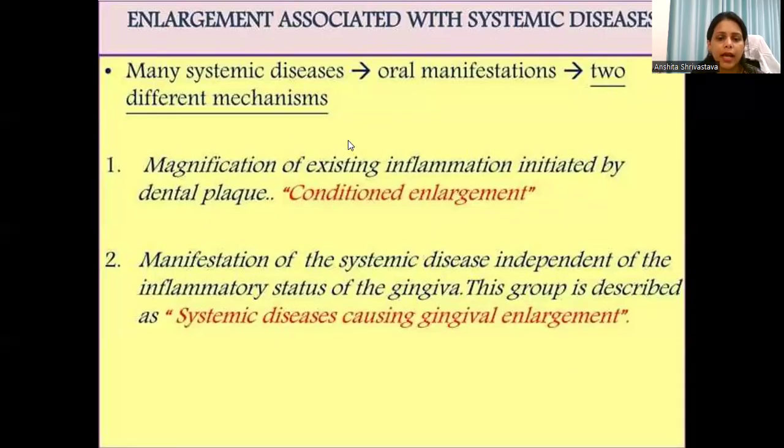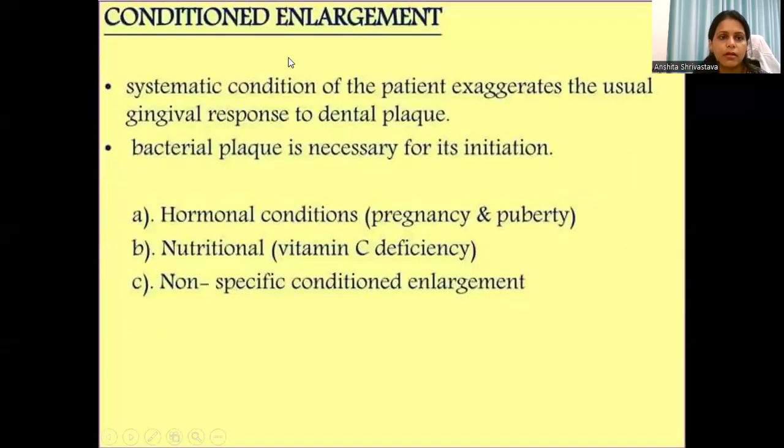So these two mechanisms are mainly responsible for the changes taking place in the gingiva, which lead to increase in size of the gingiva or gingival overgrowth. Conditioned enlargement is when the systemic condition of the patient exaggerates the usual gingival response to dental plaque.